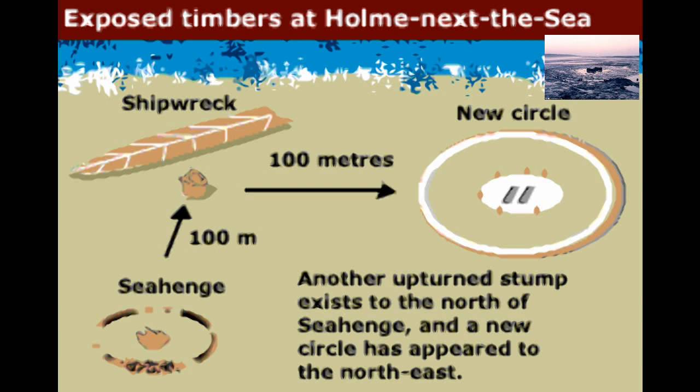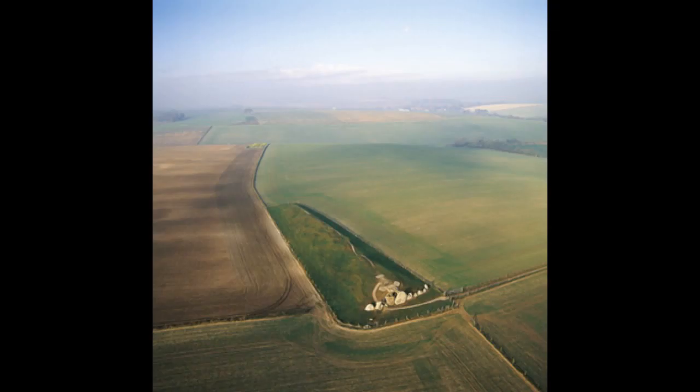However, Holme 1, the original Seahenge, and Seahenge 2, or Holme 2, seem to be placed around the central trunk. There is an upturned trunk, and the prospect is that there is a ring of circles around a central upturned tree. What's interesting is that the distance is 100 metres. This is West Kennet Long Barrow, which is 328 feet or 100 metres long.